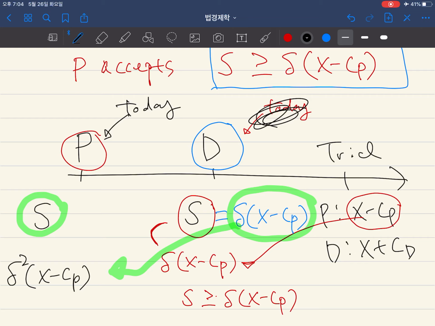Defendant compares these two, and is going to accept plaintiff's offer as long as S is lower than or equal to delta squared times X minus CP.